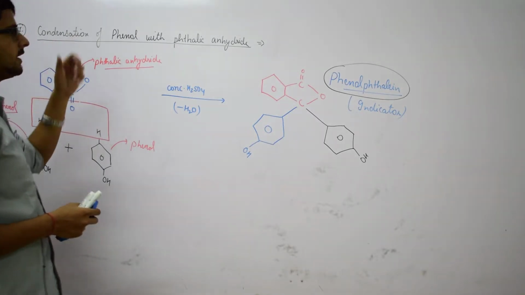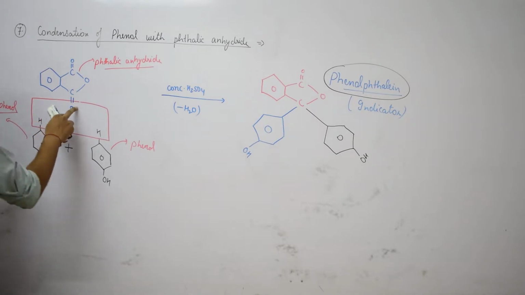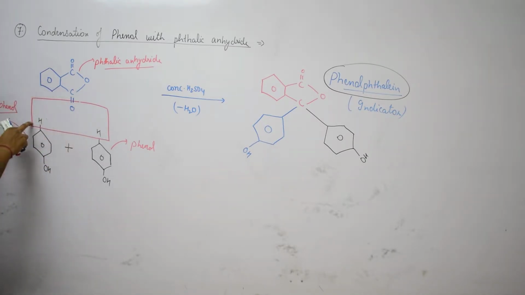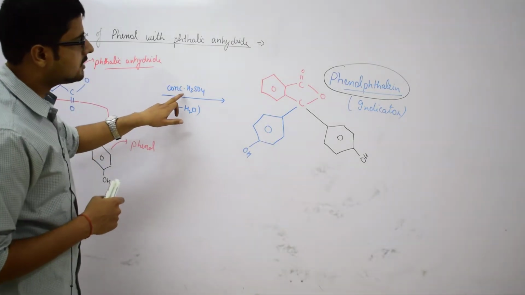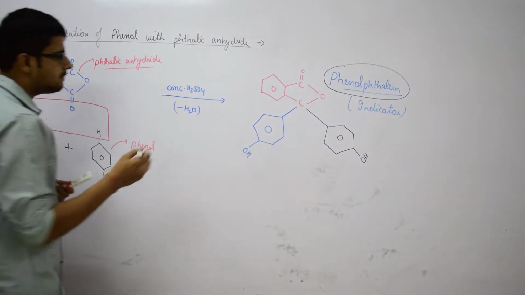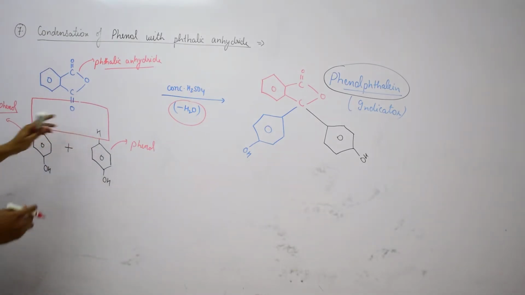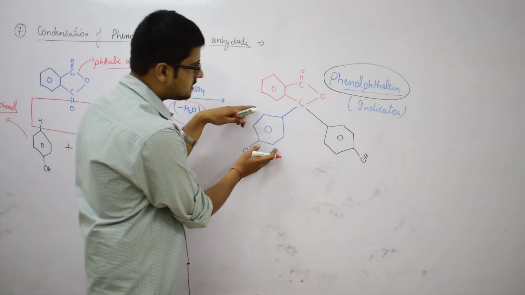So, this is the entire mechanism of condensation of phenol with phthalic anhydride. When phthalic anhydride is treated with two molecules of phenol, a water molecule is eliminated in the form of oxygen from the phthalic anhydride molecule and two hydrogen atoms from the benzene rings of the phenolic groups. Concentrated sulfuric acid, being a dehydrating agent, removes the water molecule, and the two phenolic groups are attached as shown.